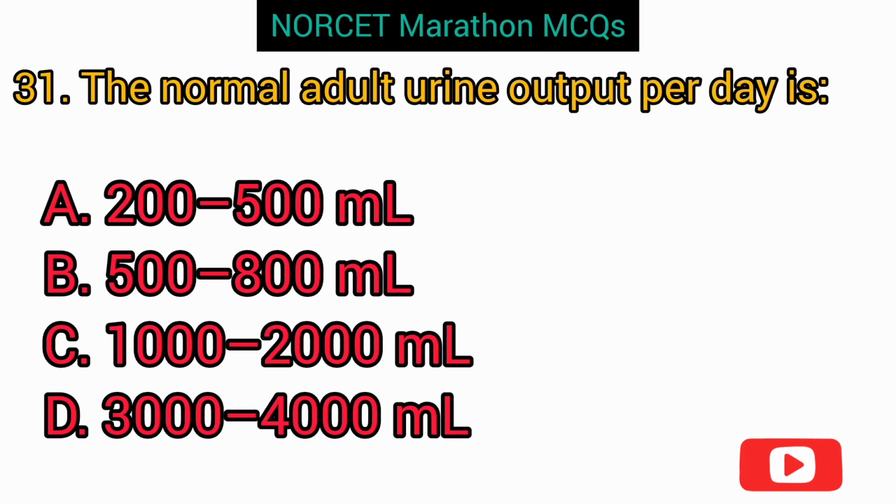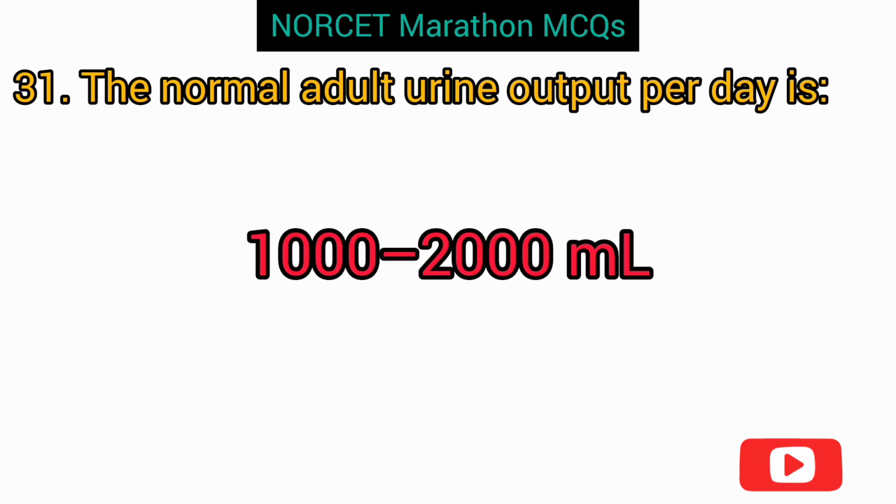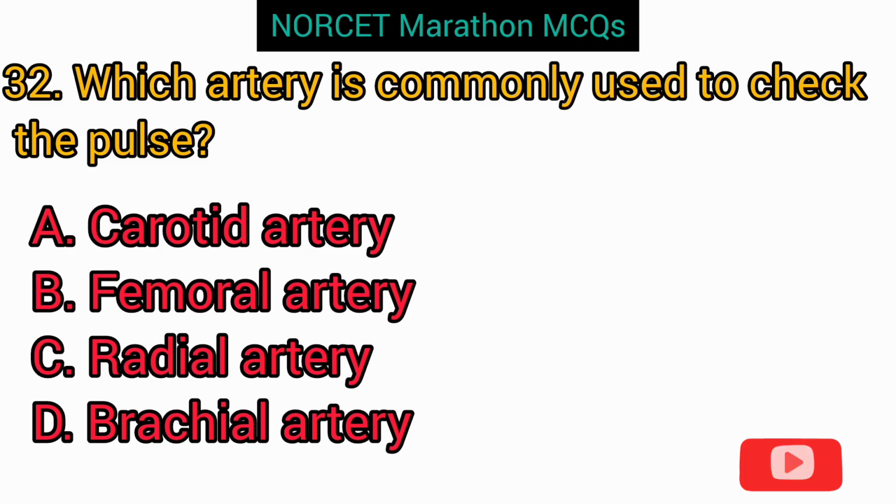The normal adult urine output per day is 1,000 to 2,000 milliliters. Which artery is commonly used to check the pulse?